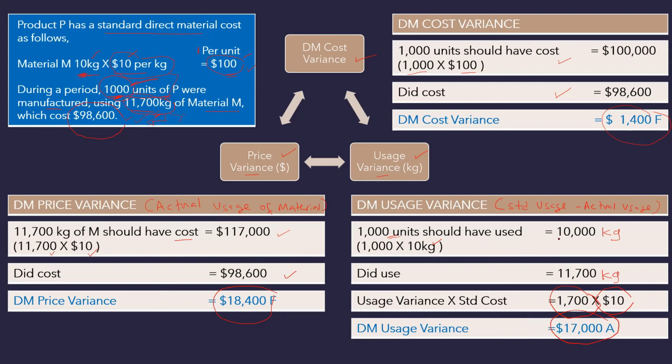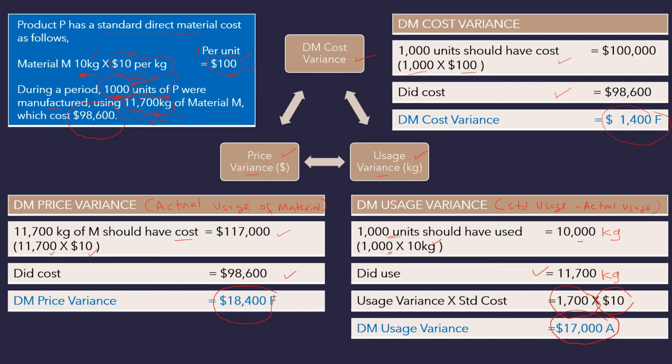Why? We were planning to use 10,000 kg to produce 1000 units, whereas we used 11,700 kg, so more material was used to produce 1000 units. Therefore, it's an adverse variance.